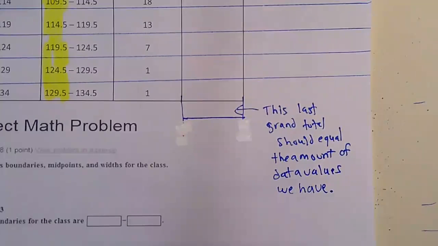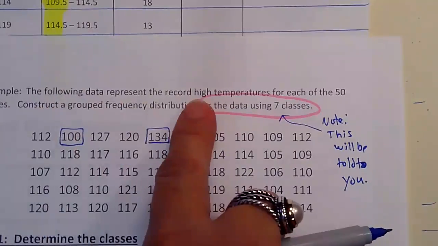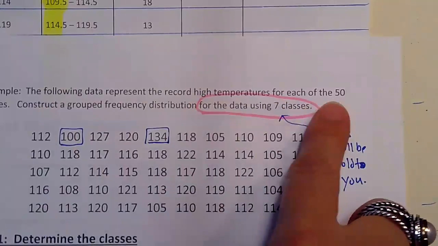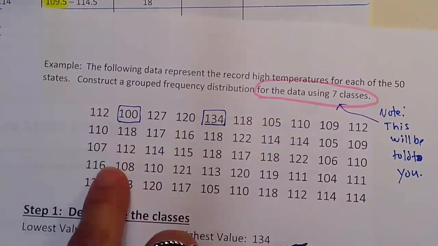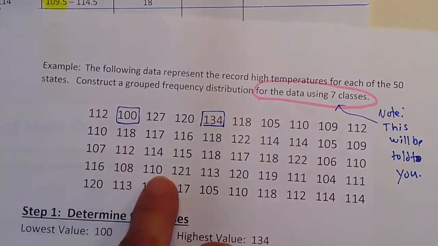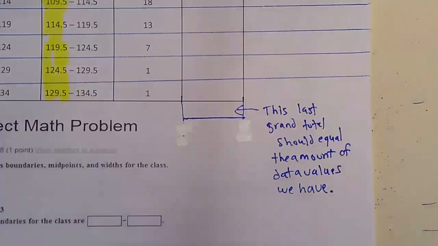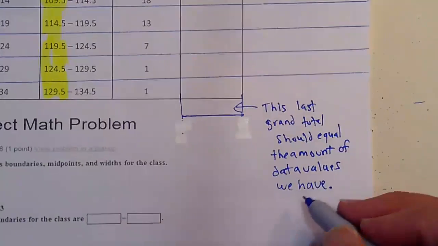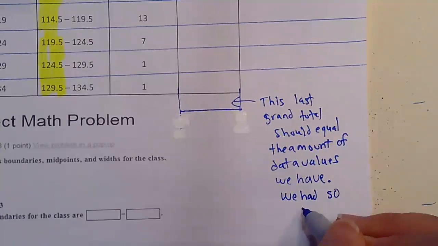And I believe if we go back and count, I think we had 50. Remember? The following data represent the record high temperatures for each of the 50 states. So 5, 10, 15, 20, 25, 30, 35, 40, 45, 50.